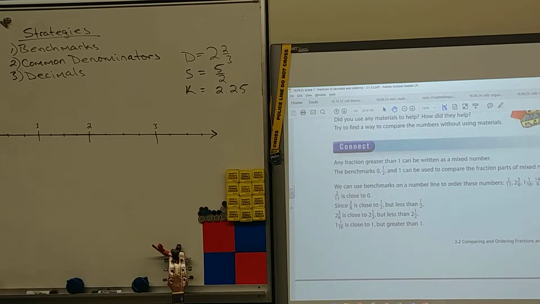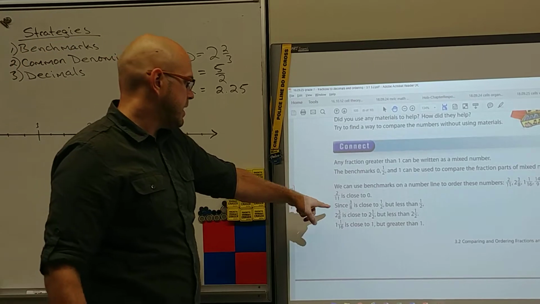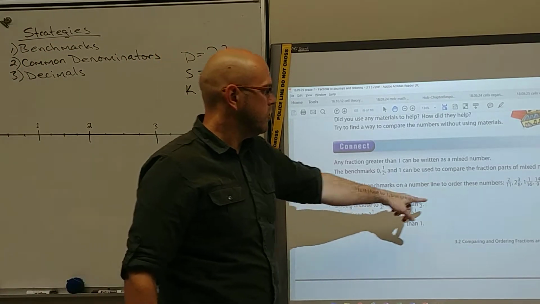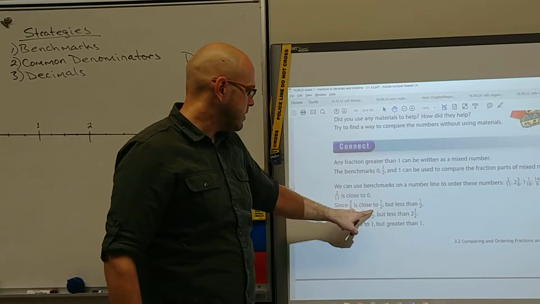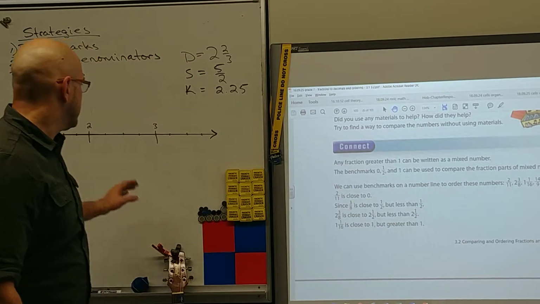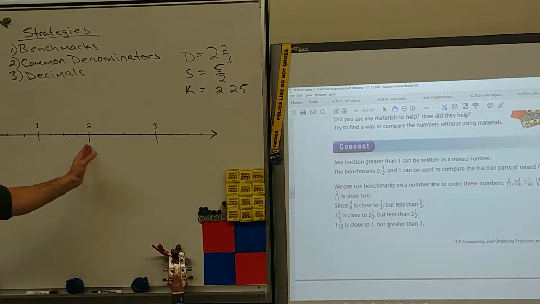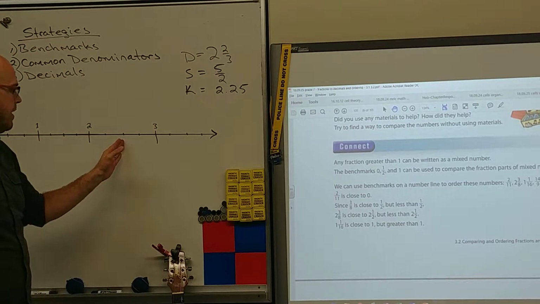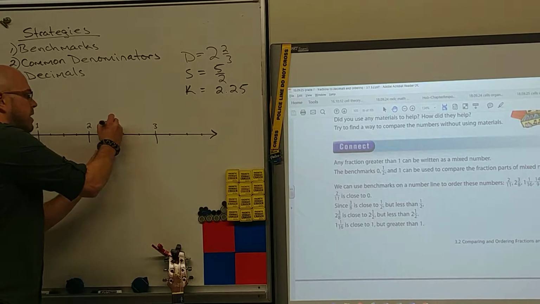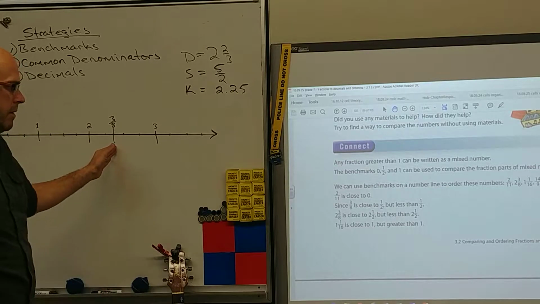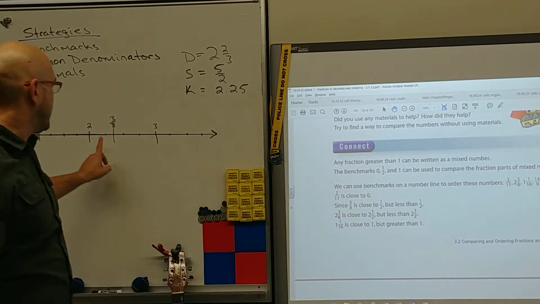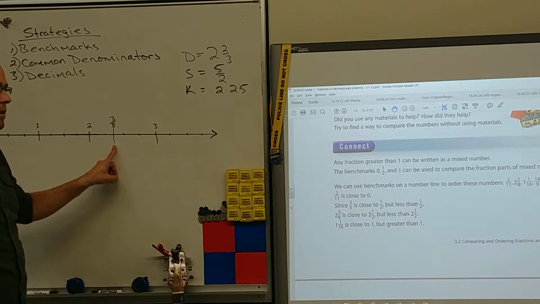2/11. This person's trying to figure out 3/8 because there's 2 and 3/8. 3/8 is close to half, but it's less than half. So let's go 2 and 3/8. They said 3/8 is close to half, but less than half. Let's put that there. 2 and 3/8 is close to 2.5, but less than 2.5.